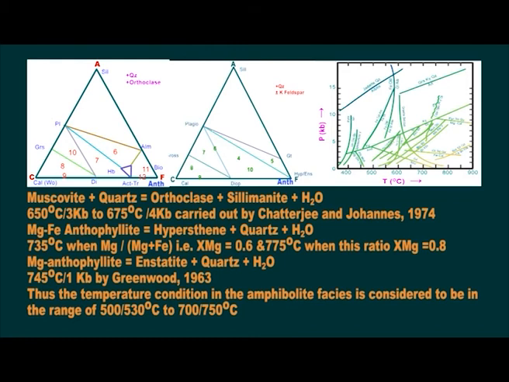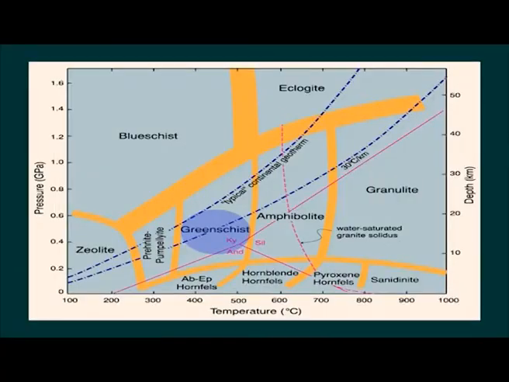Thus, the temperature condition in the amphibolite facies is considered to be in the range of 500 to 550 degree centigrade to 750 degree centigrade. Pressure condition. The pressure condition in the amphibolite facies is determined by the triple point of aluminosilicate polymorphs.